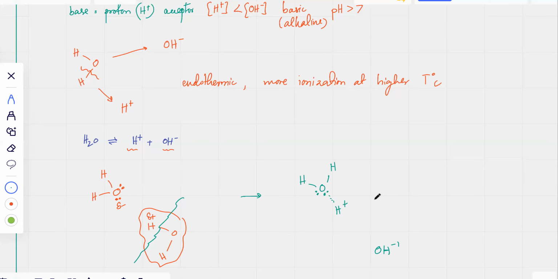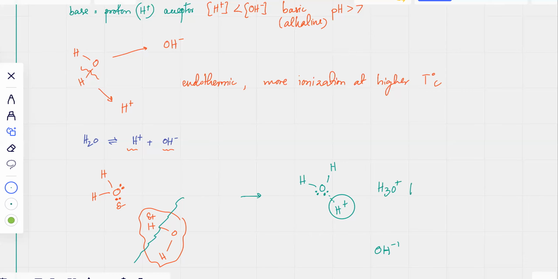So in reality, there is no H+ in solution. You don't actually have an H+ ion in solution, because the H+ ions get captured by the water molecules. The lone pairs on water molecules get attracted to the H+ and they end up forming these H3O+ ions.